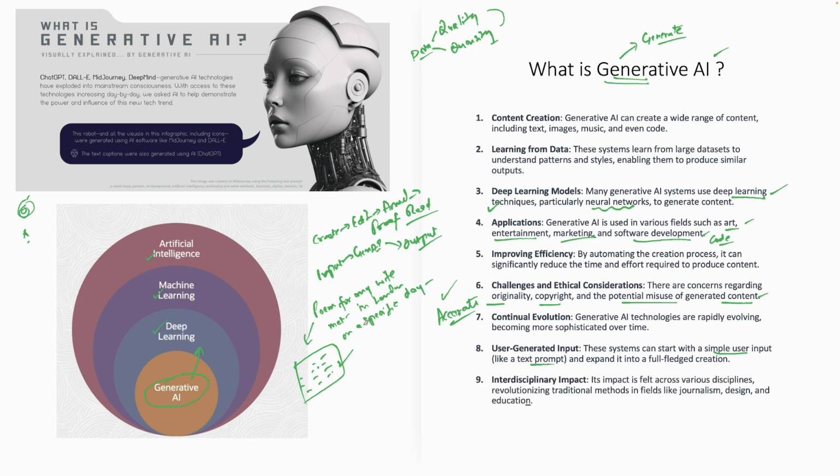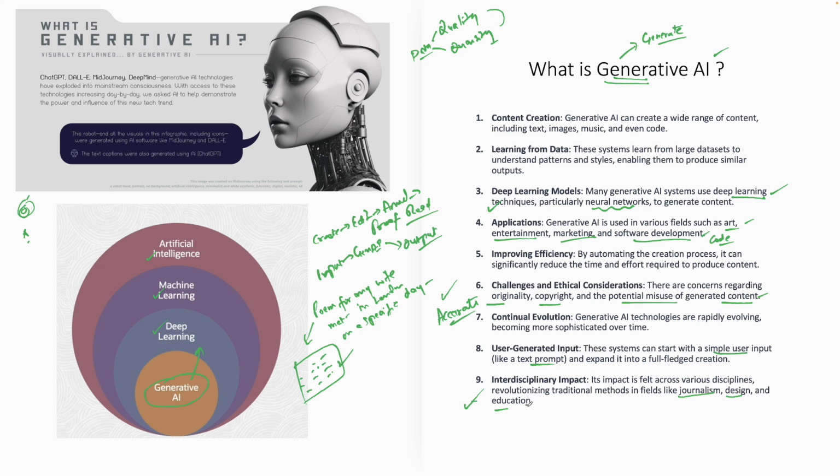And yes, we need to be aware of the interdisciplinary impact. The impact is felt across several disciplines, revolutionizing traditional methods in journalism, design, and education. So we need to be really careful about how and where we are utilizing these systems.